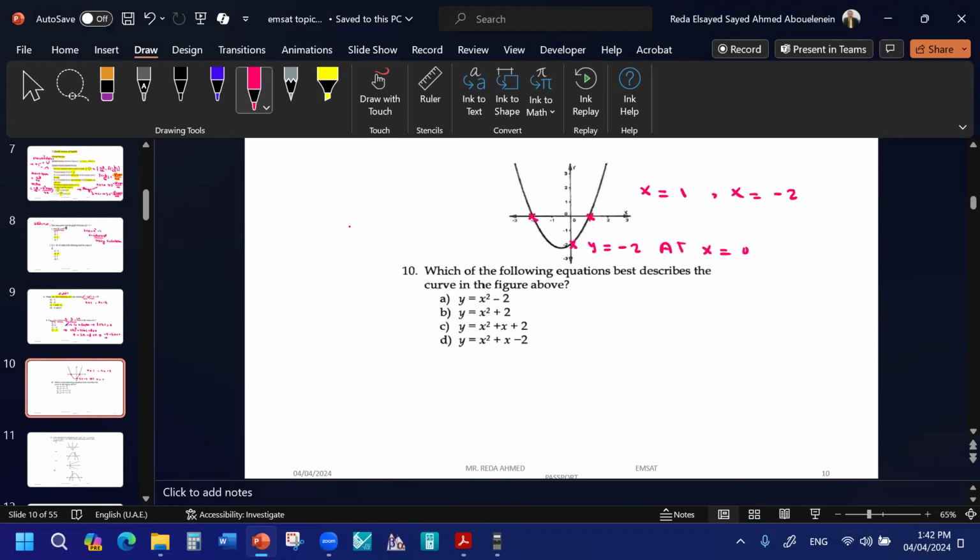So you can replace x with 0, and cancel x. So the nominated functions will be this or this.